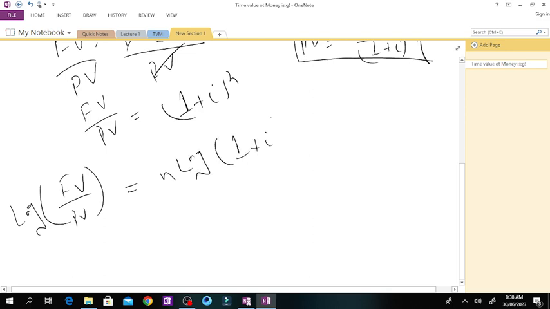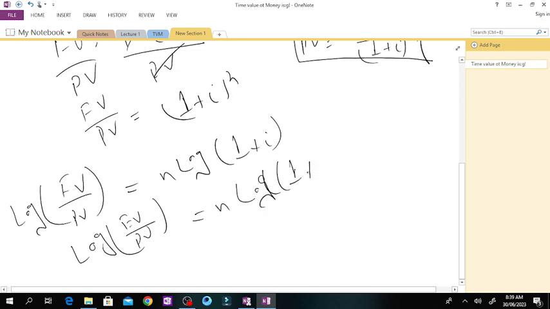So you can say log of future value divided by present value equals n into log of (1 plus I). So this is something you have to find.